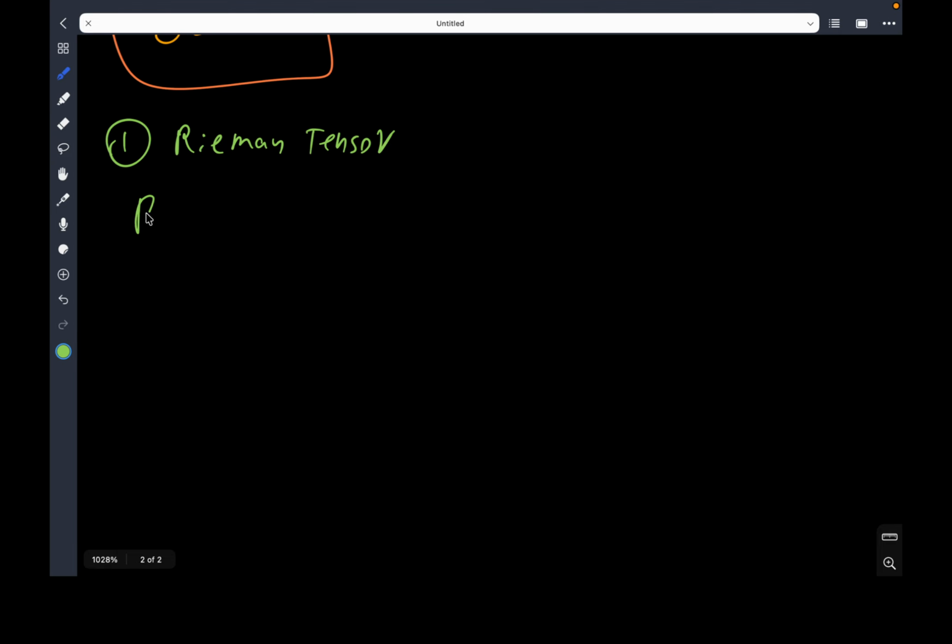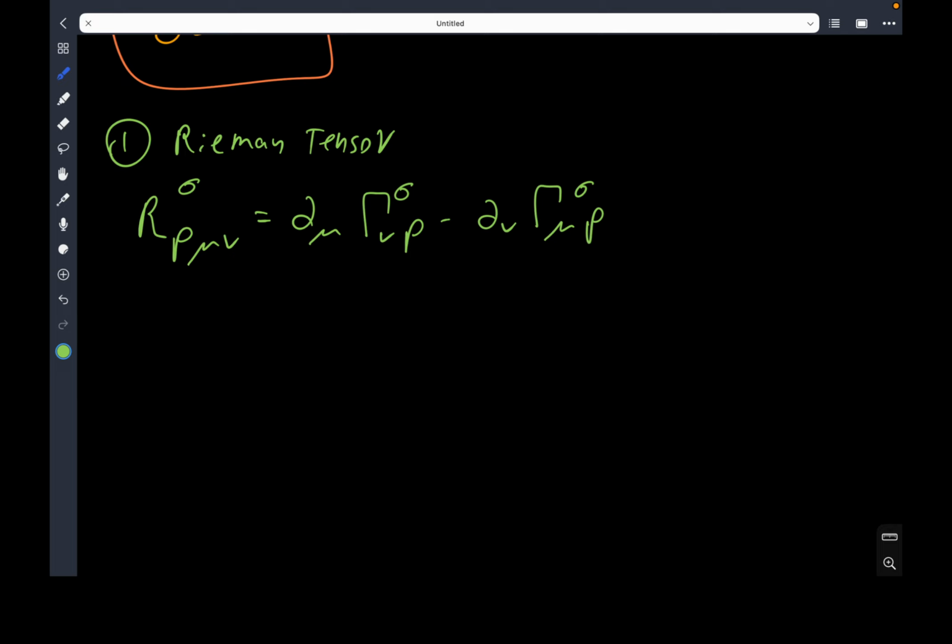The Riemann tensor is defined as a rank four tensor R^sigma_{rho mu nu} equal to the partial derivative with respect to mu of the Christoffel symbol Gamma^sigma_{nu rho} minus the partial derivative with respect to nu of Gamma^sigma_{mu rho}, plus Christoffel symbol terms that we're not going to worry about here, because I'm going to explain why we don't really have to worry about it.